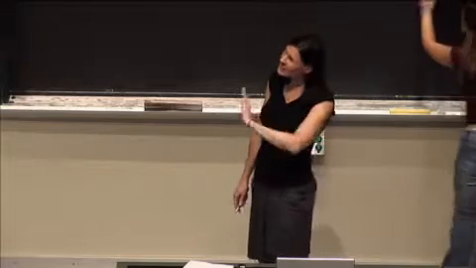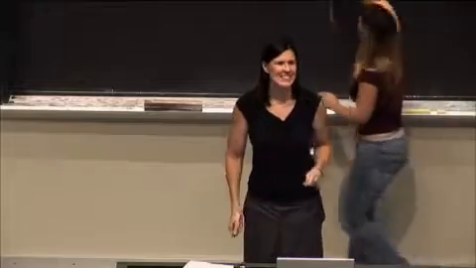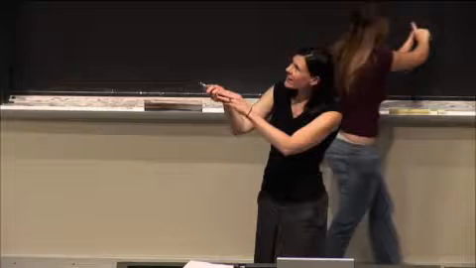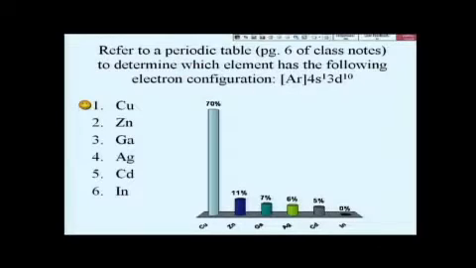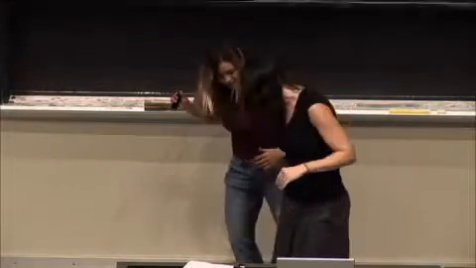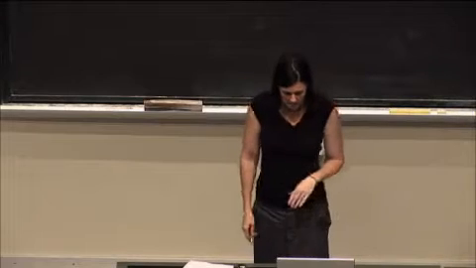I'm going to give the benefit of the doubt that the people that didn't get it right were rushing to get out their clickers and didn't have time to think it all the way through. Remember that when we're talking about 4s1, 3d10, that's one of those exceptions where a completely filled d orbital is more stable than we would expect. So that's the electron configuration we have for copper, and some other exceptions in the periodic table that you're going to be looking at.